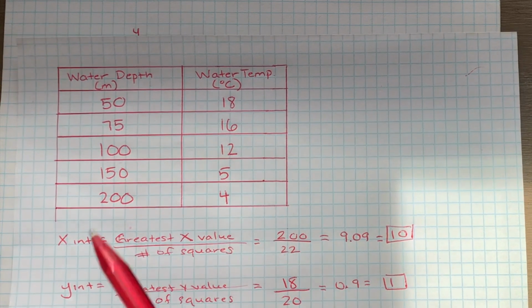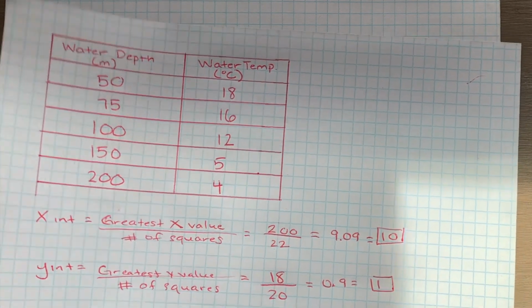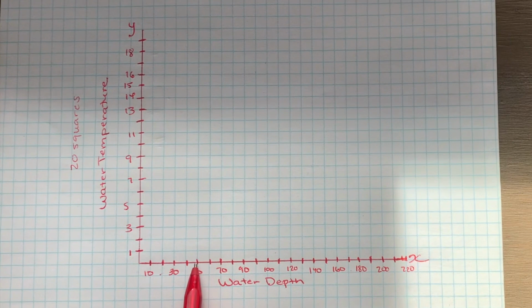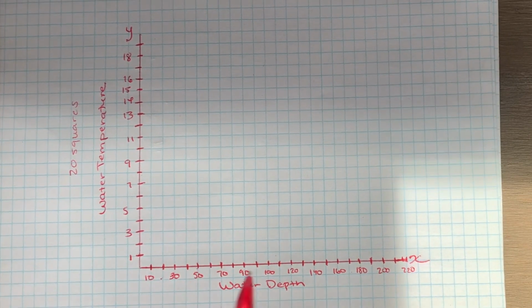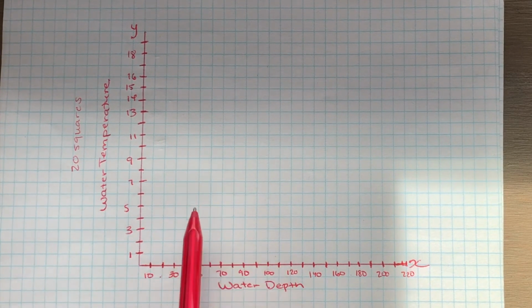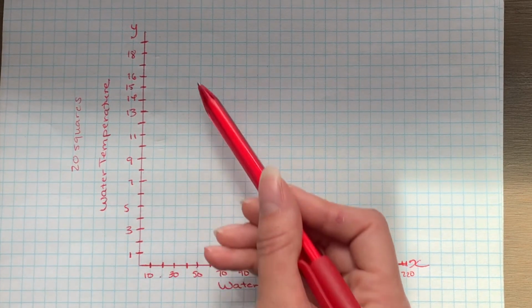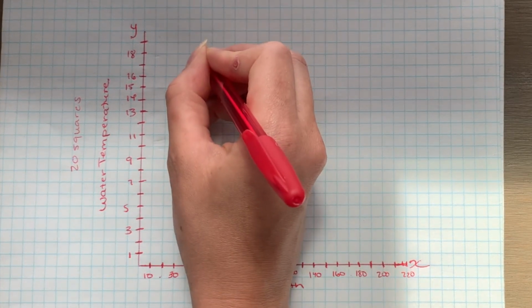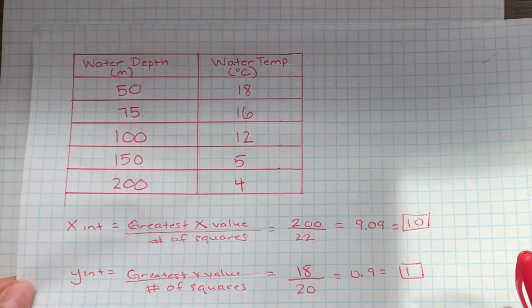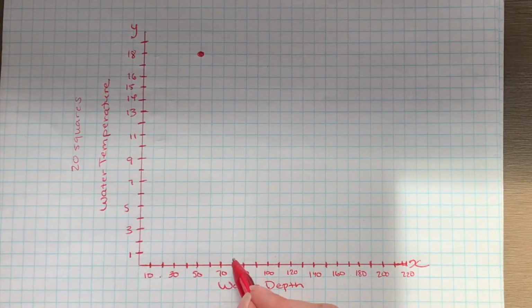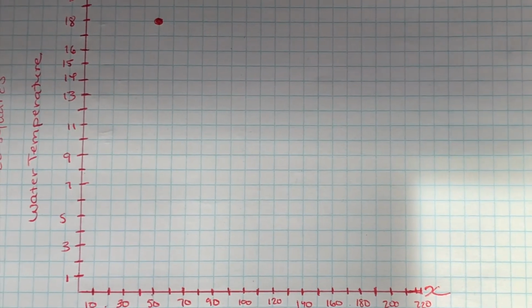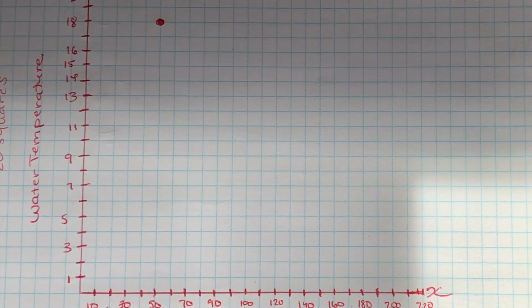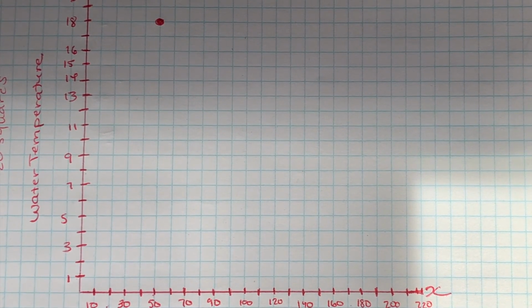Our first coordinates are 50, 18. So we will go to 50 on the x-axis, up to 18 on the y-axis. That will look like this, 50, 18. Our next data point, 75, 16. Now, in a case like this, where our intervals are 10, we do not have an exact point for 75.